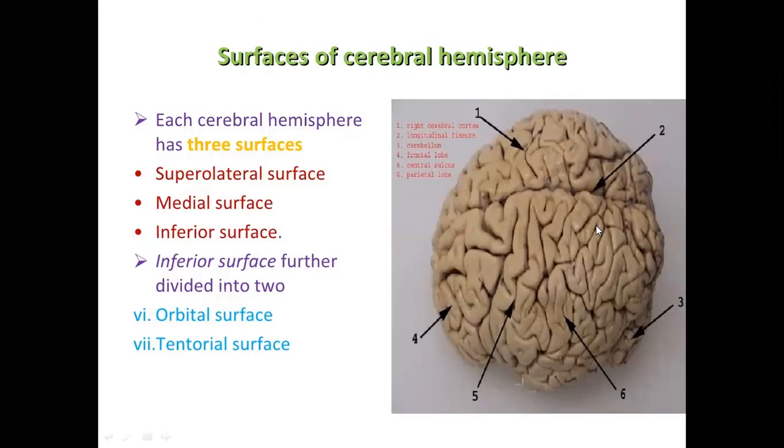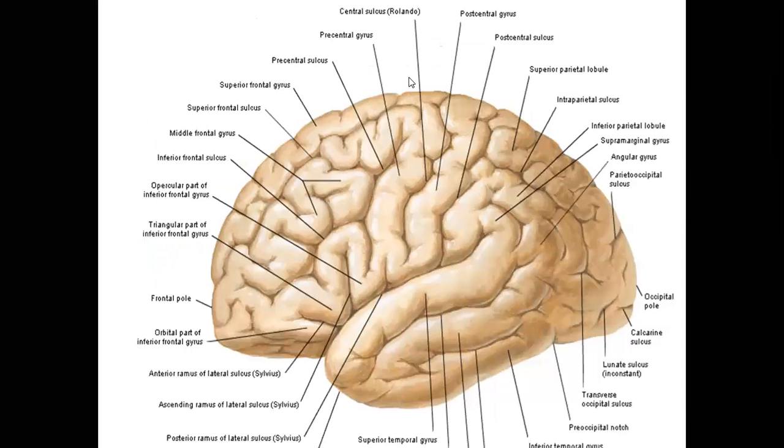So three surfaces are there: superolateral, medial and inferior. This is the anterior pole of cerebrum, this is the posterior pole, and this is the inferior pole. Anterior pole is formed by the frontal lobe, posterior pole by the occipital lobe, and inferior or temporal pole by the temporal lobe.